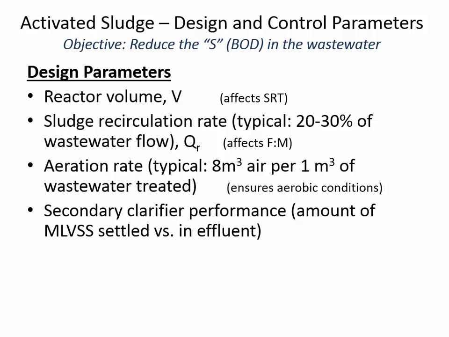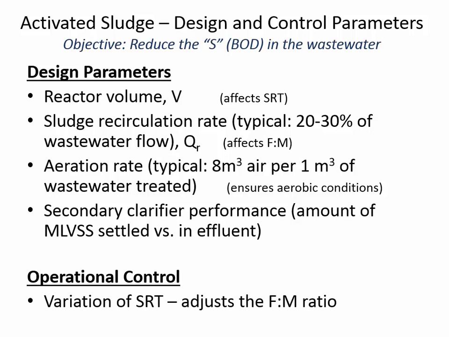We either want it in the sludge that's being wasted, or we want it in the recirculated sludge so that it can get back into the aerator. Inevitably, some of it will get into the overflow of the clarifier, and so some of it will be in the effluent, but we don't want it there. Now, during operation, we can adjust the solids retention time by affecting the sludge recirculation rate. And what that does effectively is change the ratio of food to microorganisms.